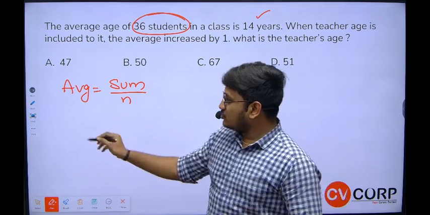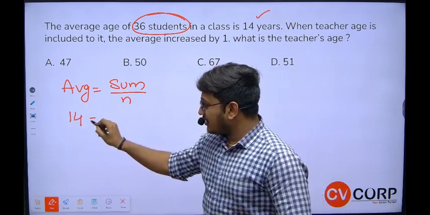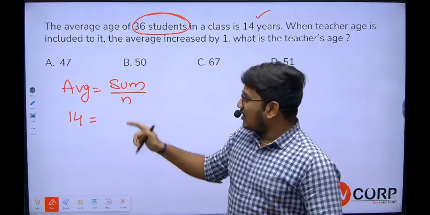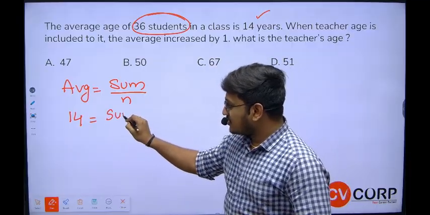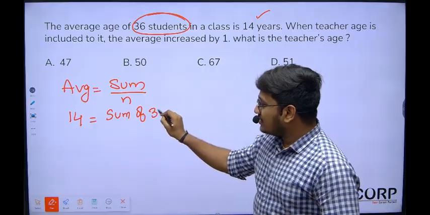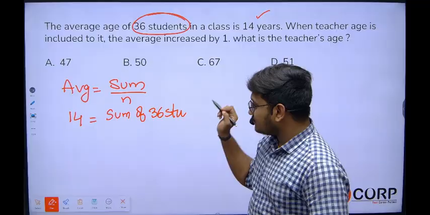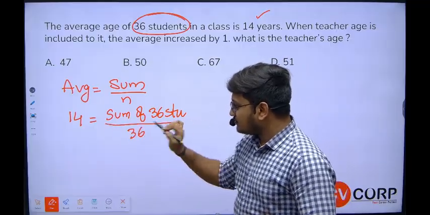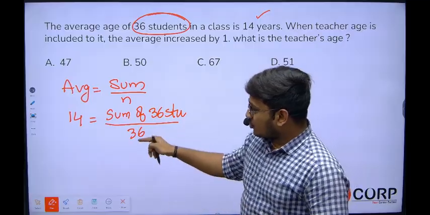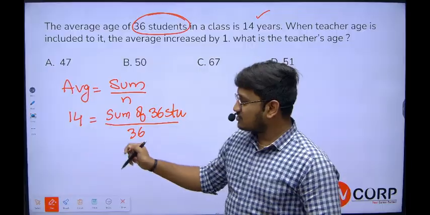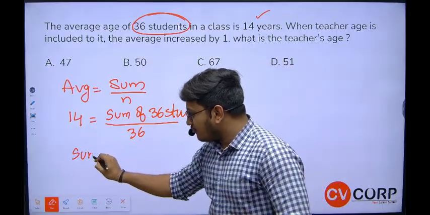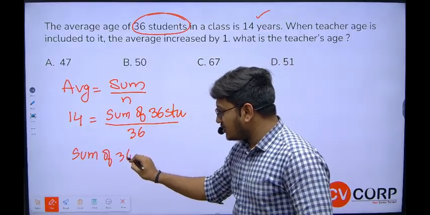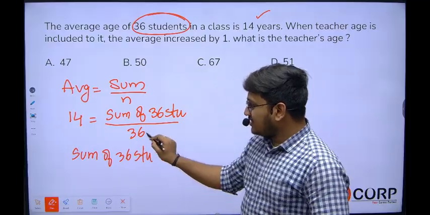Now I can substitute: in place of average, they've given 14 years, and they're talking about 36 students. So the sum of the 36 students' ages divided by 36. If you cross multiply, you get the sum of all 36 students' ages as 36 times 14.